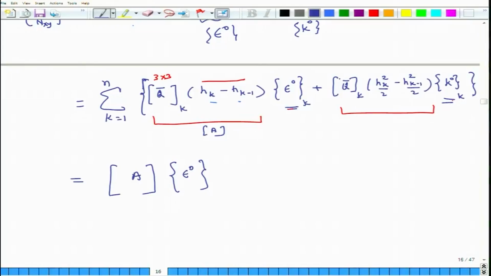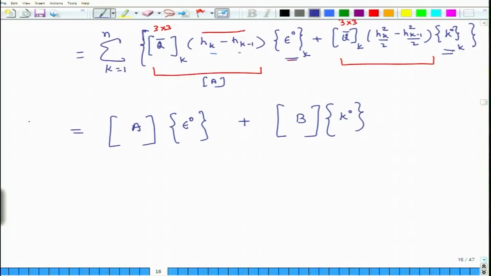Here this is a 3 by 3 matrix, and h_k square by 2 minus h_k minus 1 square by 2 is a number. So, when I multiply that and add up all the consecutive terms, I still get a 3 by 3 matrix. So, the second term I get is another 3 by 3 matrix, which I call B, times the mid plane curvature K.